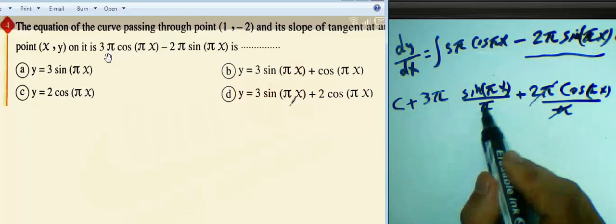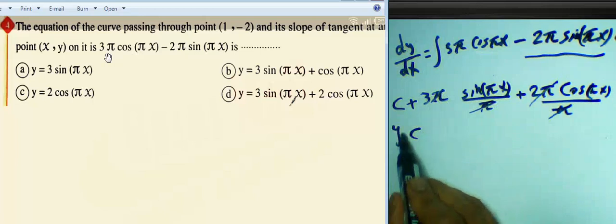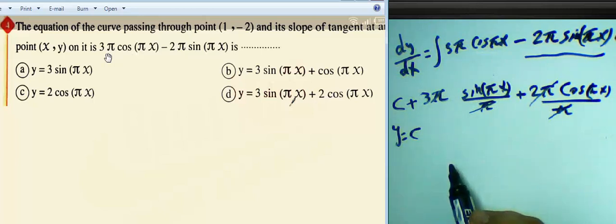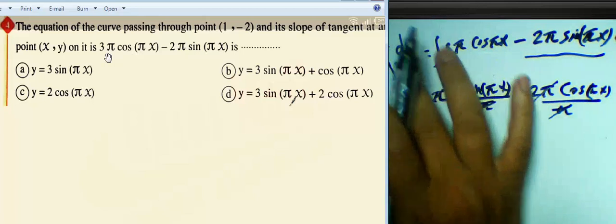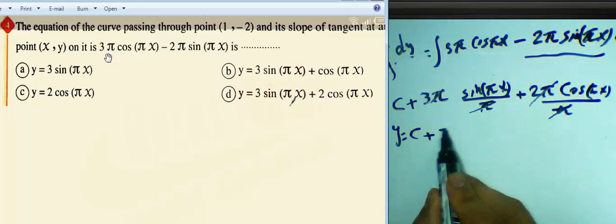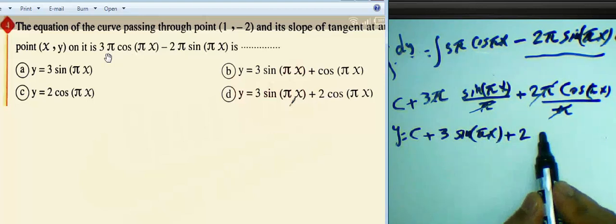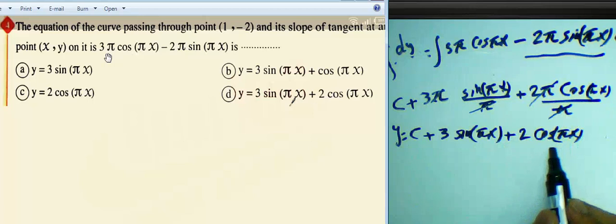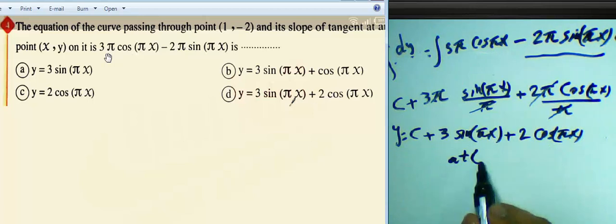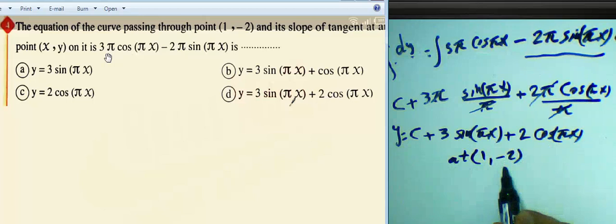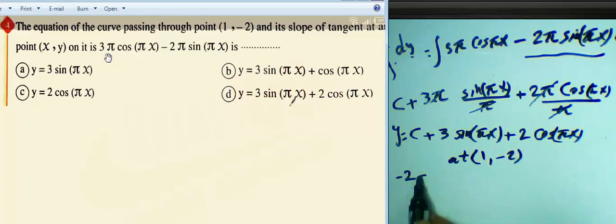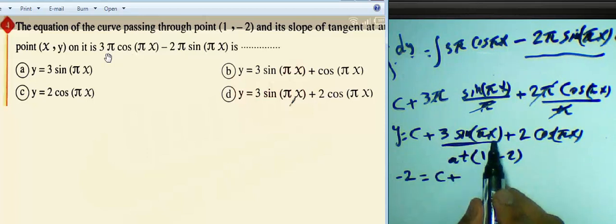Then the result: we can find the integration of dy, so y equals c plus 3 sin x plus 2 cos x. At the point (1, -2), it will be -2 equals c plus sine x.